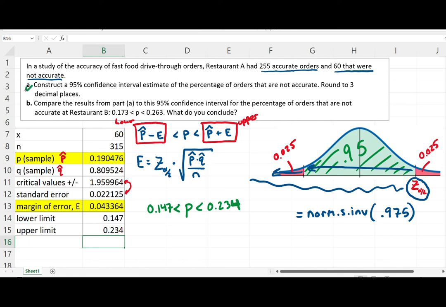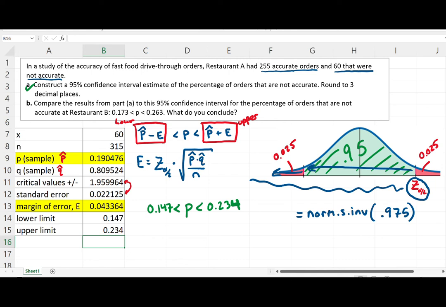Okay, so that's part A. Construct a 95% confidence interval estimate of the percentage of all orders that are not accurate. Part B, compare the results from part A to this 95% confidence interval for the percentage of orders that are not accurate at restaurant B.